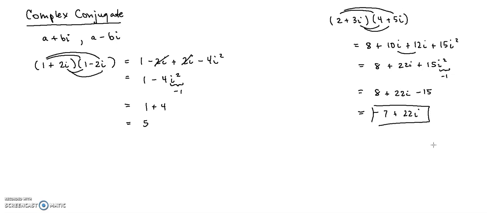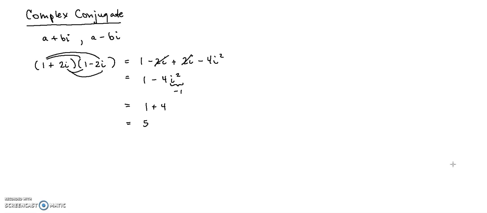Let's try another one. Let's say we have 3 minus 2i. The conjugate of that is going to be 3 plus 2i. And let's skip that FOIL step and just go straight to the difference of two squares.